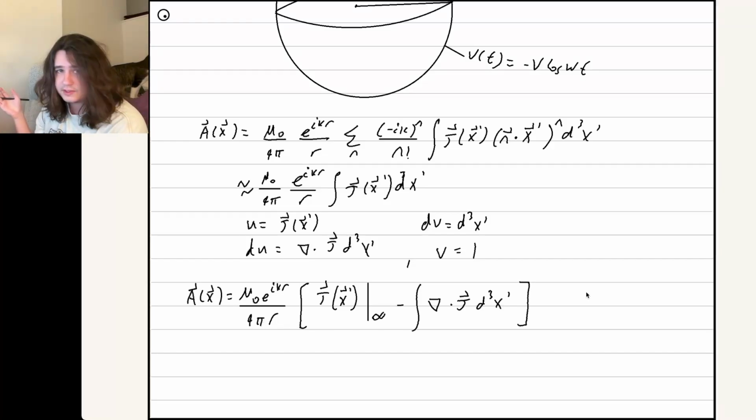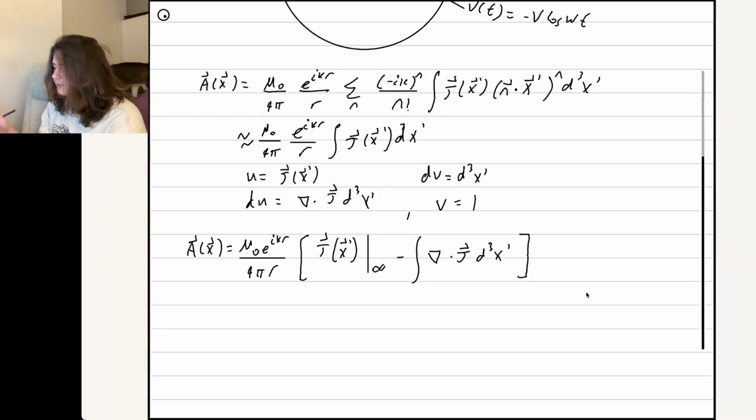The current density evaluated at infinity is obviously 0.